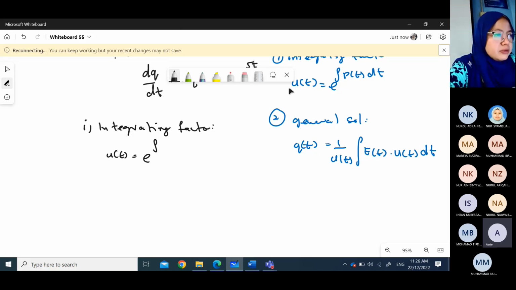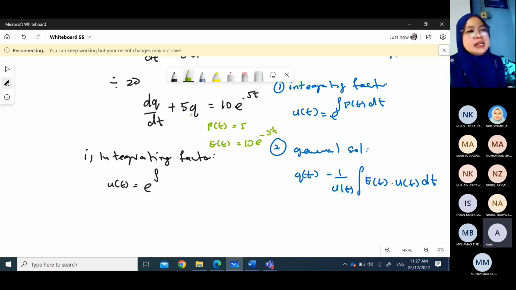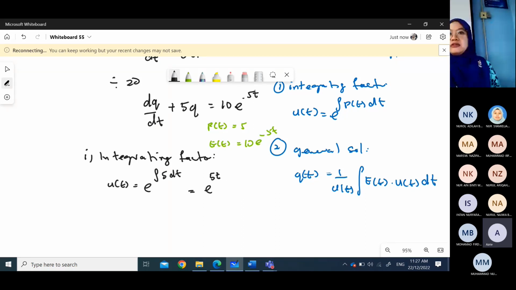Okay, so P of T kita apa kat situ? P is 5 and our E of T here is 10 exponent negative 5T. So ini penting sebab ini yang kita guna untuk dapatkan integrating factor and the general solution. So masukkan P of T. We have 5 integrate respect to T. So here we have exponent of 5T. So this one is our integrating factor.